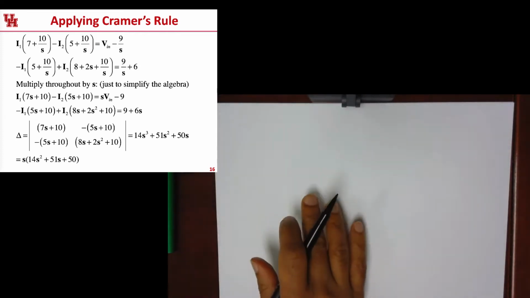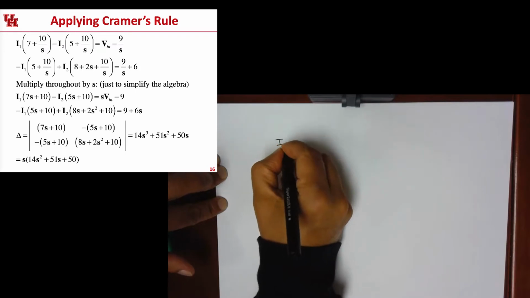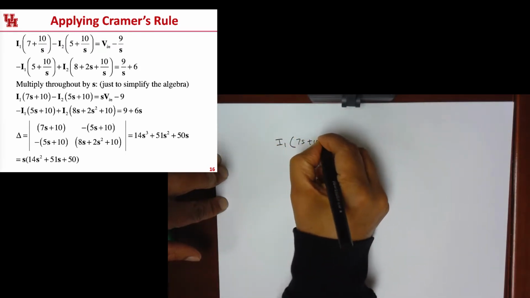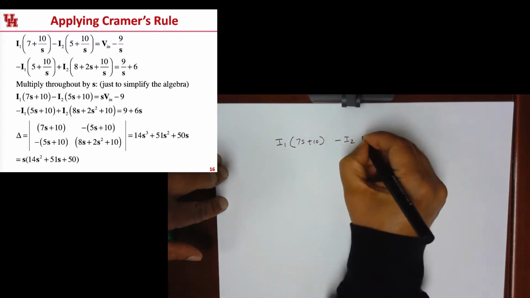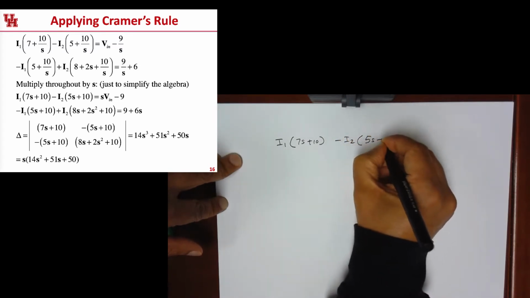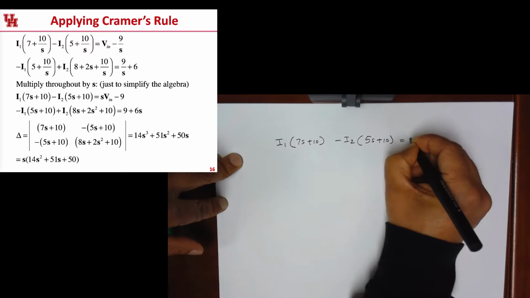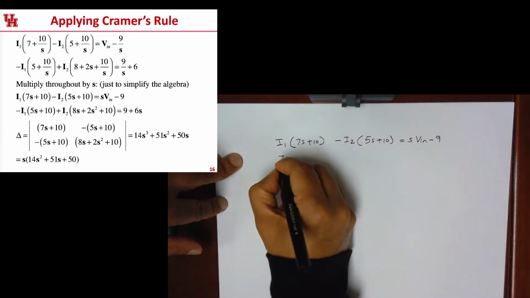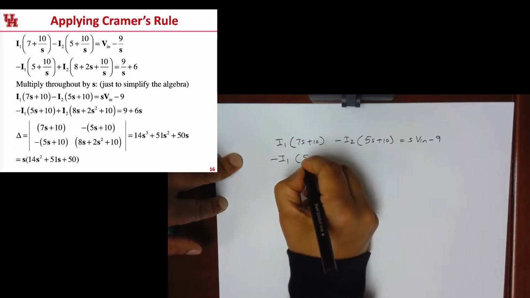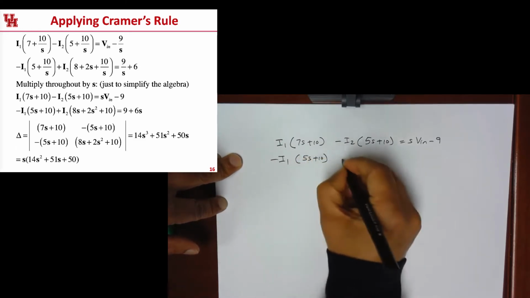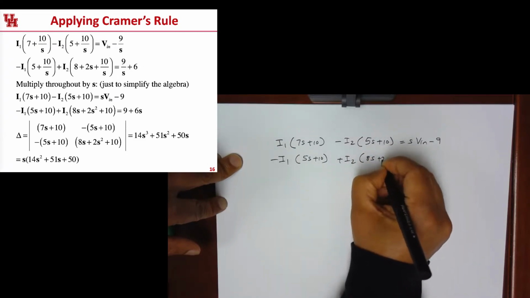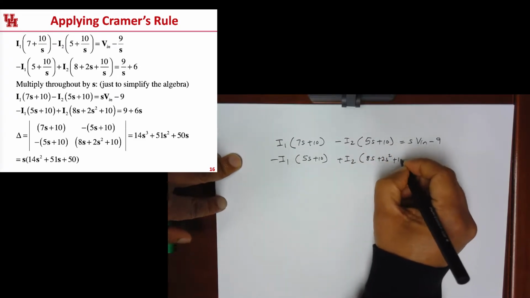So when we do that, we get I1 times (7s plus 10) minus I2 times (5s plus 10) equal to s Vn minus 9, and then minus I1 times (5s plus 10) plus I2 times (8s plus 2s squared plus 10).